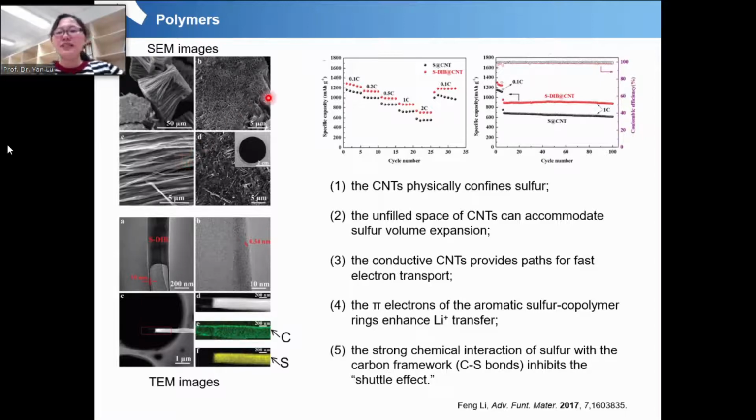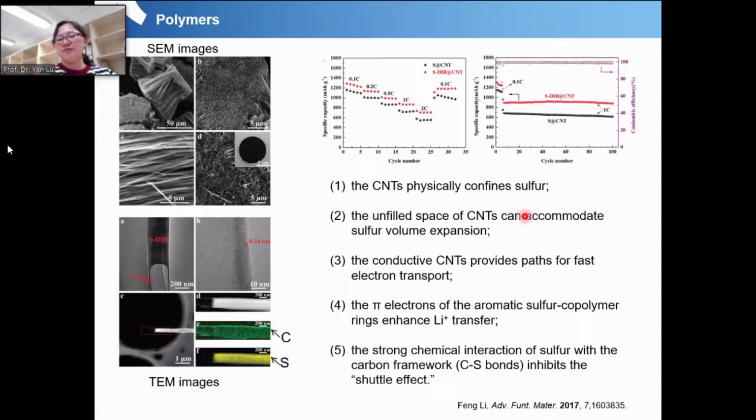And of course, you see in this case, they do show very stable cycling stability for this polymer modified with sulfur as a cathode. And here they give the advantages of their system. On one side, you have the carbon nanotube. The carbon nanotube can work as a physical confinement for sulfur.